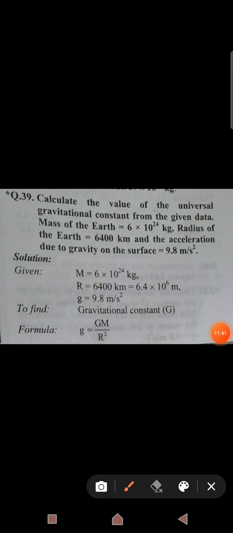Okay, so what does the question say? The question says calculate the value of universal gravitational constant from the given data. Mass of the earth 6 into 10 raised to 24. So we can consider this mass of the earth as a capital M. Then the radius of earth is 6400 kilometer.